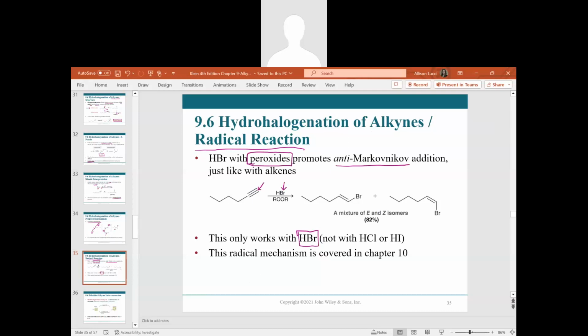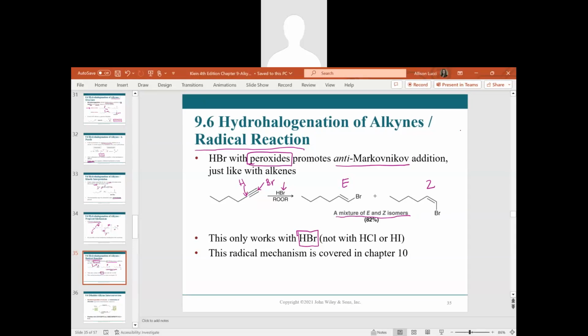So our bromine would go over here, and then our hydrogen will go here. And then we'll see a mixture of the E and Z, or Entgegen and Zusammen isomers, right? So we have our E here, opposite sides, Zusammen, same side.